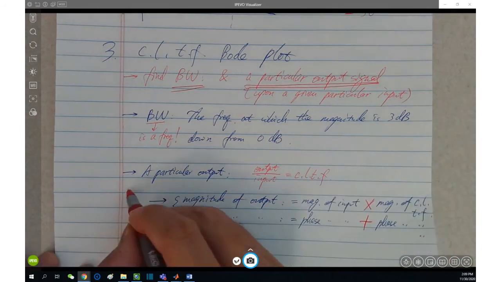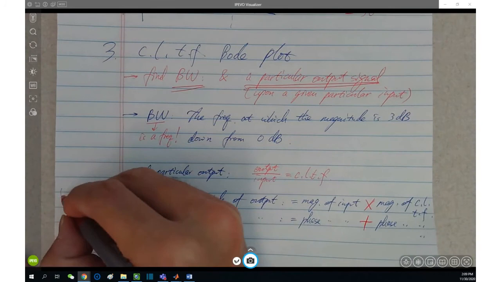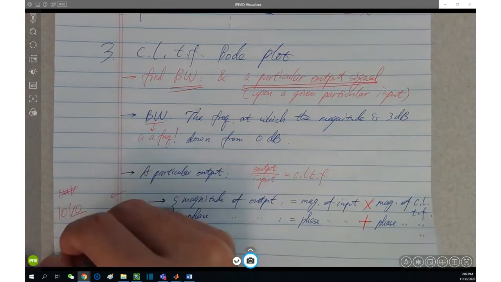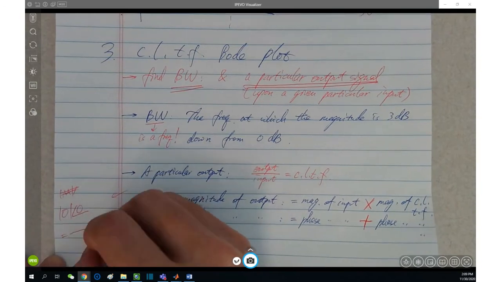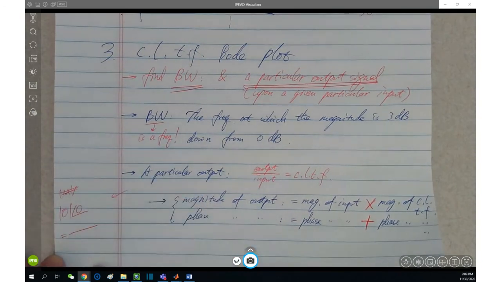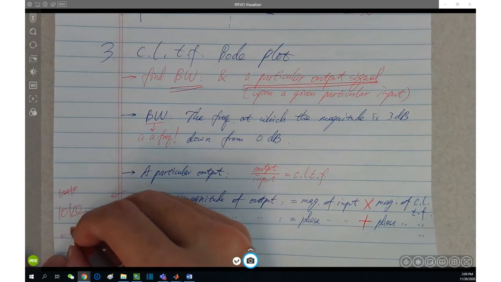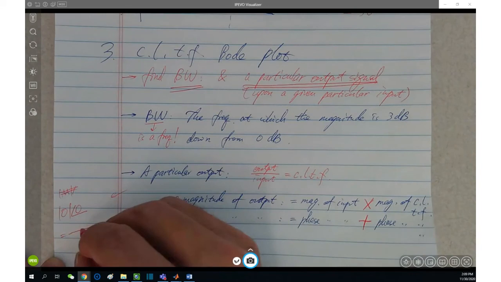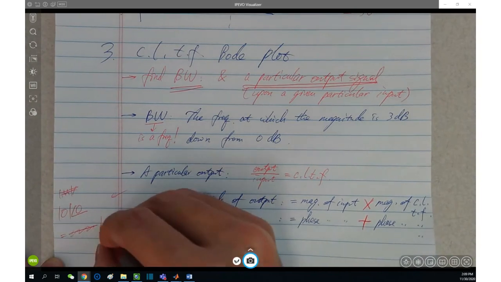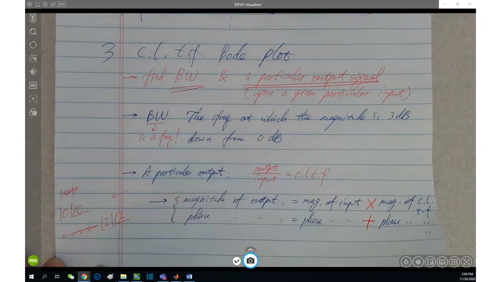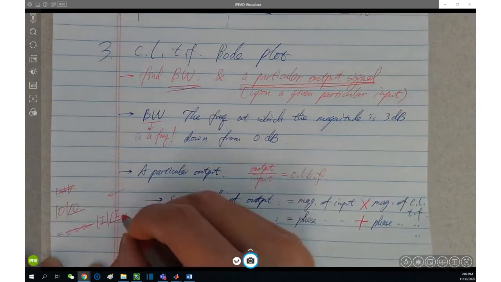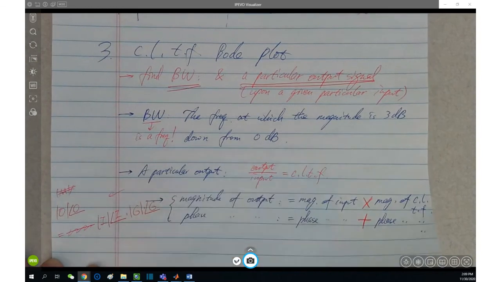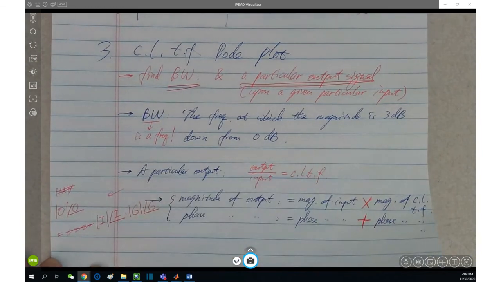It's just like this, right? You say output equals to what? The input magnitude, input angle times the transfer function magnitude and transfer function phase angle, right?